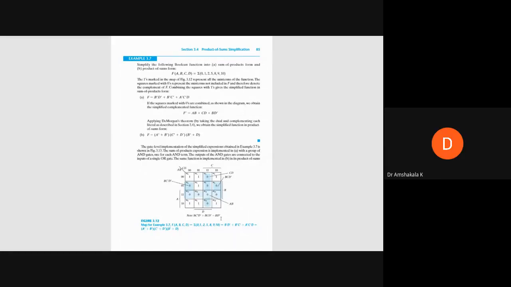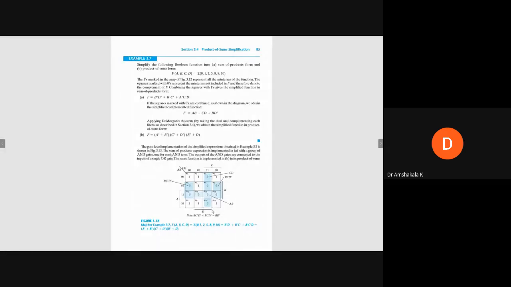So for the given Boolean function, we will mark all those minterms with 1 and the remaining terms with 0. That means the Boolean function, when evaluated, gives 1 for all these minterms, if any one of these inputs is true. Otherwise, the function should give 0 output. That is what is represented in map form, right?